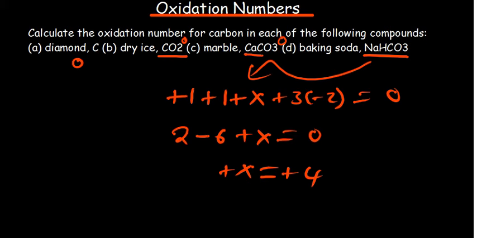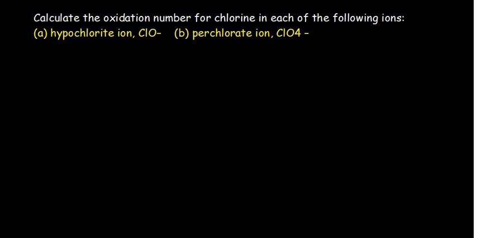Very, very simple and straightforward, as you can see. We're on question 2. We are assigning the oxidation number for chlorine in each of the following given ions. Okay, so we've been given first of all the first one with a charge of a minus there. The important route to understand here is we said the summation of the oxidation states of the atoms present is equal to the charge of the compound.